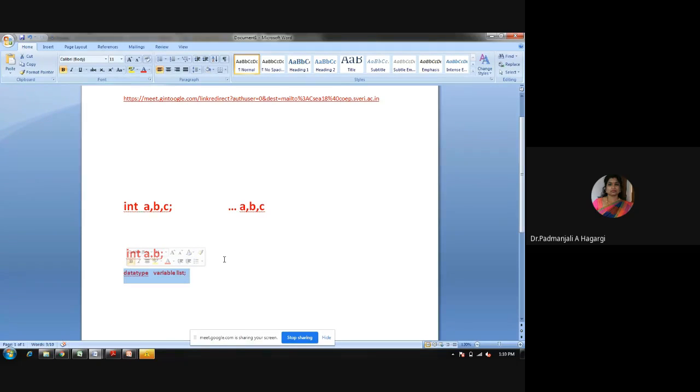That is the syntax. So syntax is nothing but syntactical analysis: whether any code is in proper syntax or not.